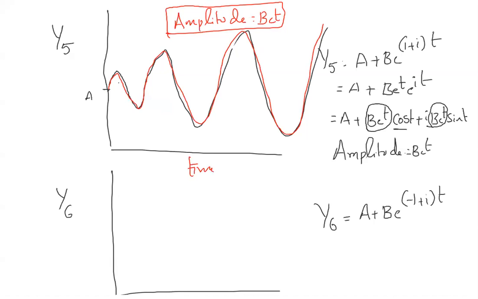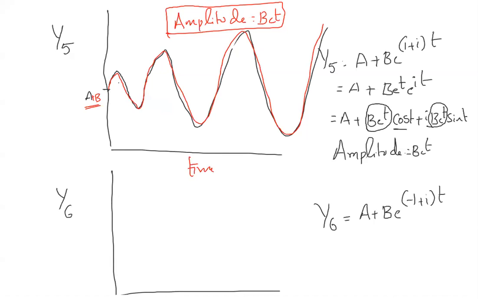Now here, let's just put time t equal to 0. When I put t equal to 0, e power 0 is 1, so it is simply A plus B. Then what is the amplitude of the response? B into e power t. So it keeps on oscillating with an increasing response.